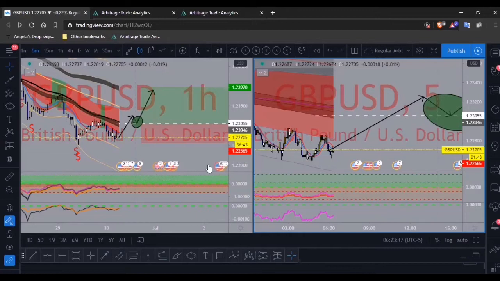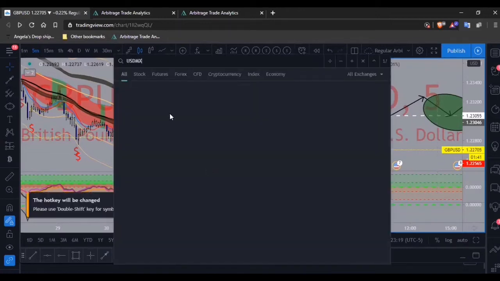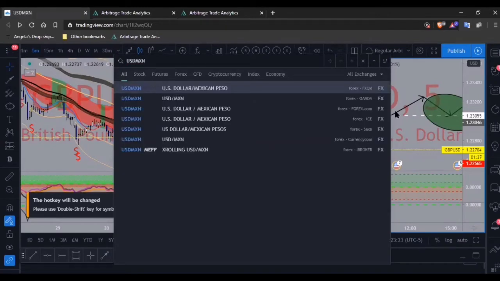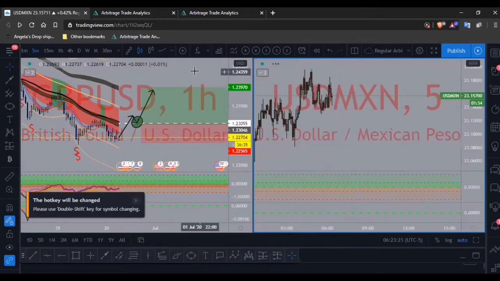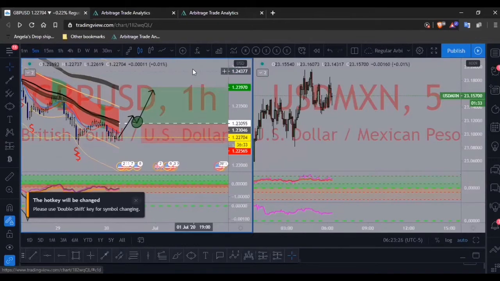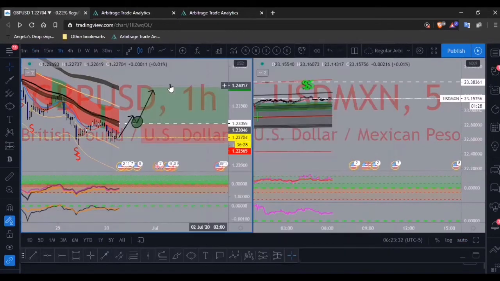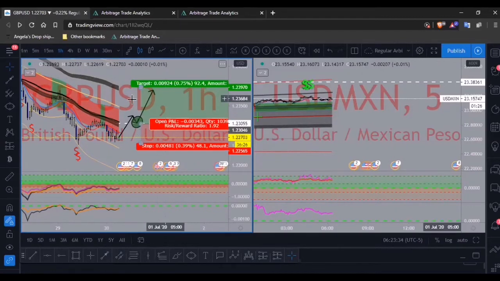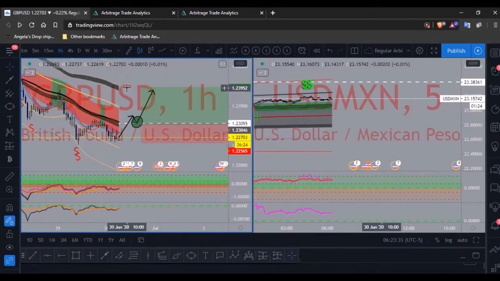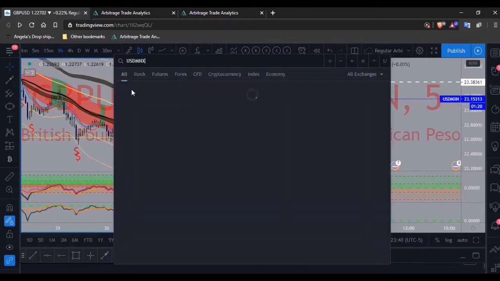All right, let's go on to USD Mexican. Oh yeah, they did want me to use double shift, huh? They won't let me, I guess they're changing what they do on TradingView. Oops.